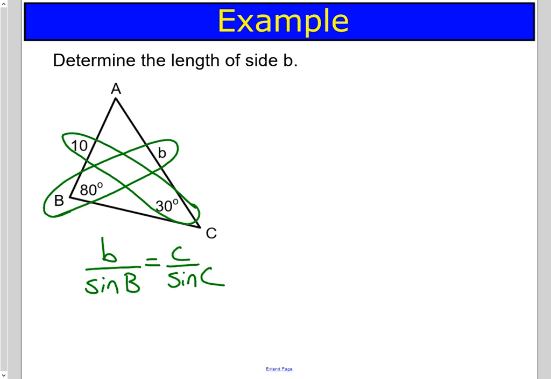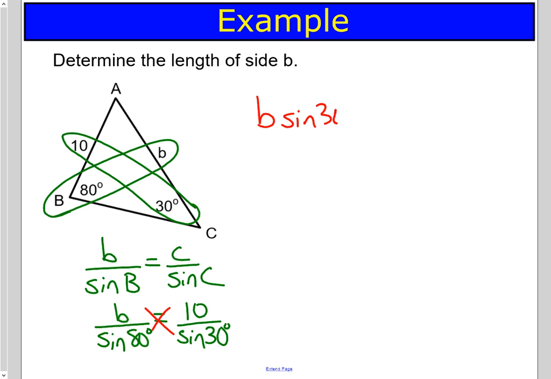And now I can put in my information. I don't know b, but I know angle B is 80, and I know side c is 10, and angle C is 30. All right, let's do some cross multiplication here. If I cross multiply this, I get b sine 30 equals 10 sine 80.